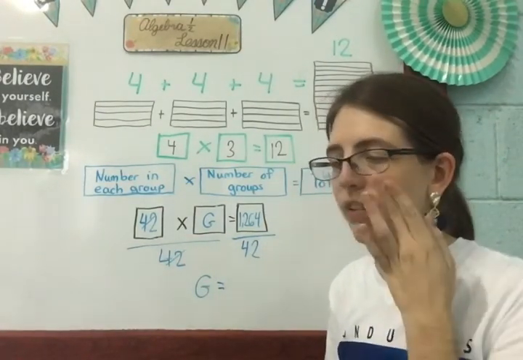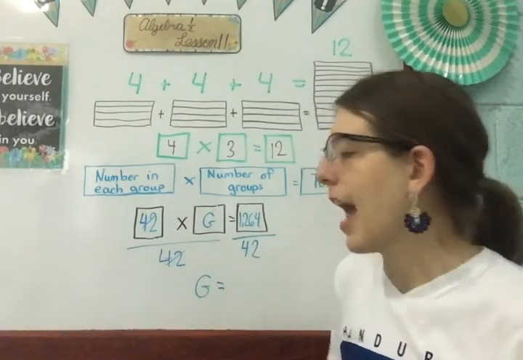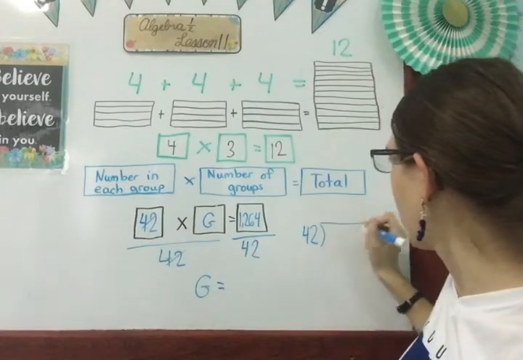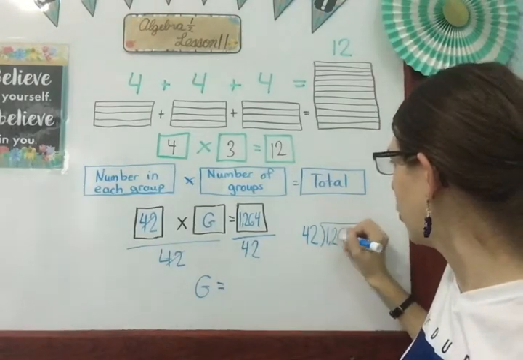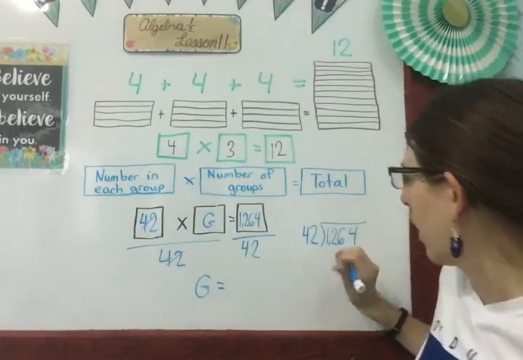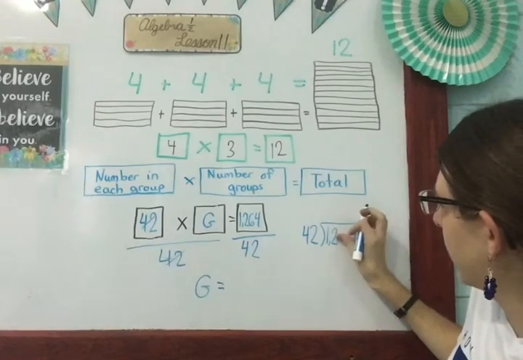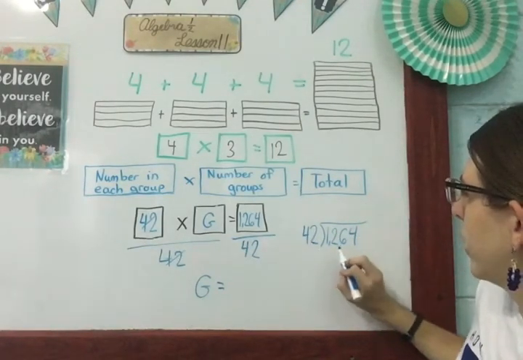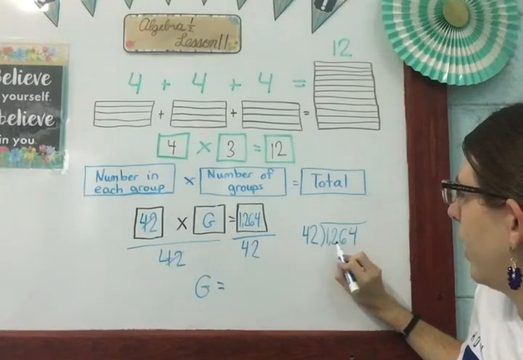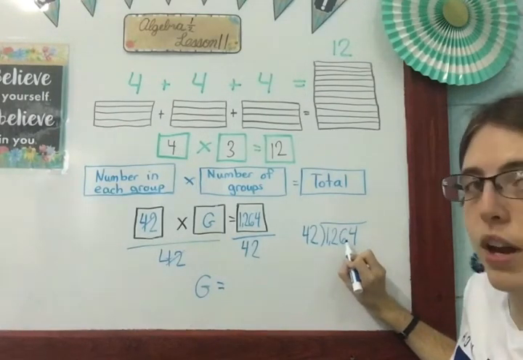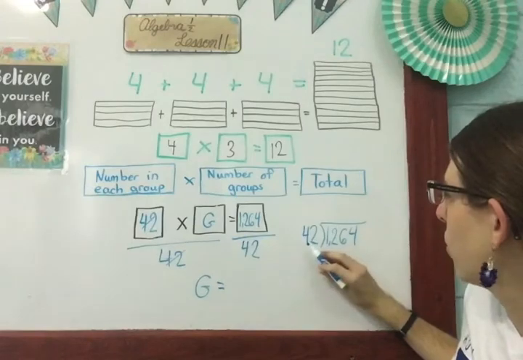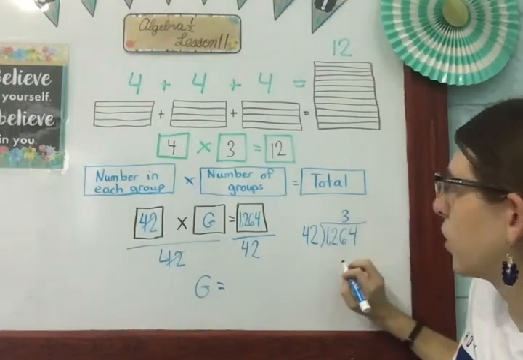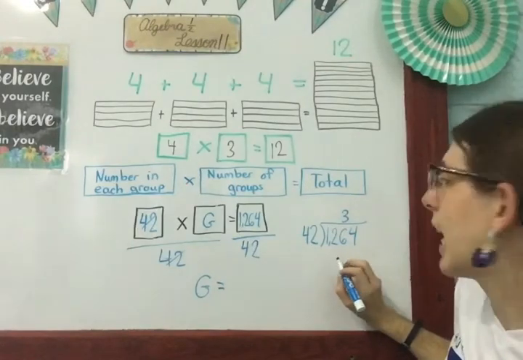1,264 by 42. Now, when I do this, I'm going to show you my work. 1,264. Okay, let me space this out just a little more. All right, 42 goes into, well, it can't go into 1 or 12, but it can go into 126. So 4 goes into 12 3 times, so that means probably 42 will go into 126 3 times.